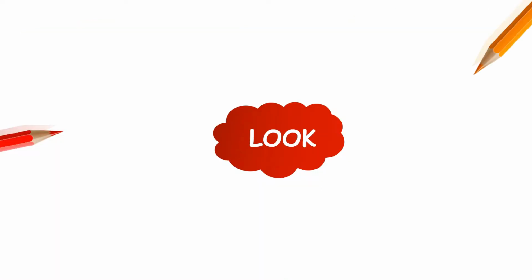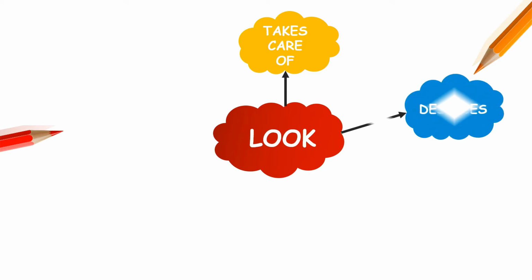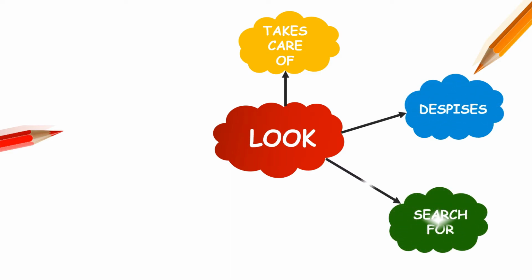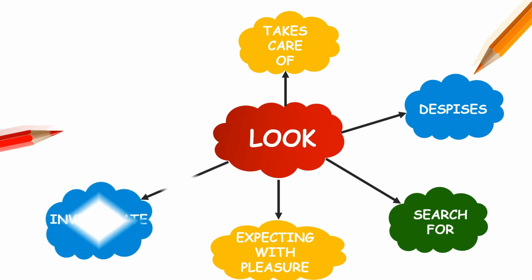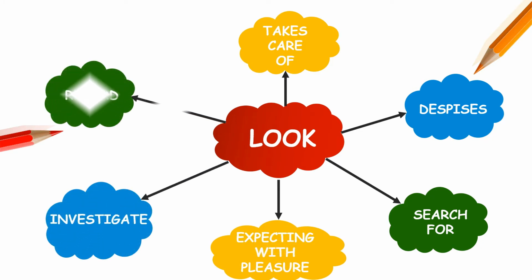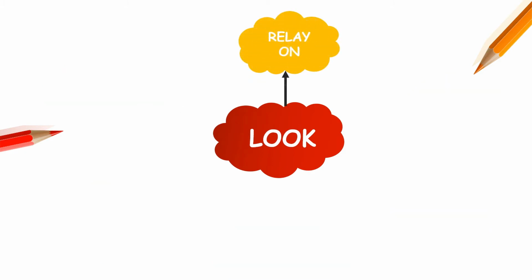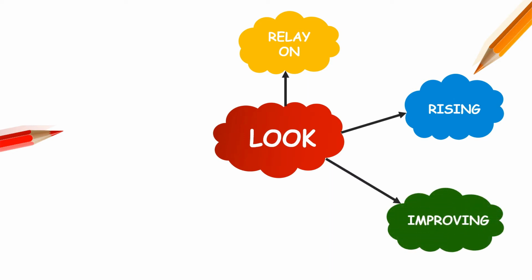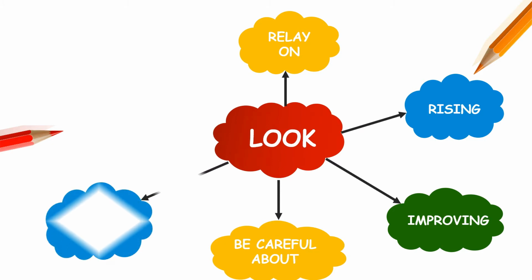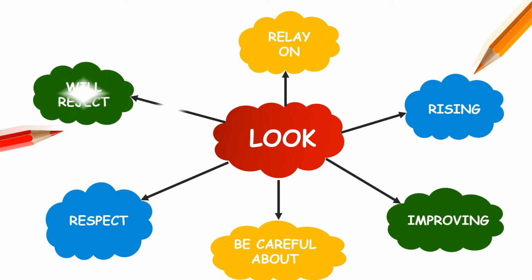The homonyms of the word look are as follows: takes care of, despises, search for, expecting with pleasure, investigate, regard, rely on, rising, improving, be careful about, respect, and finally, will reject.